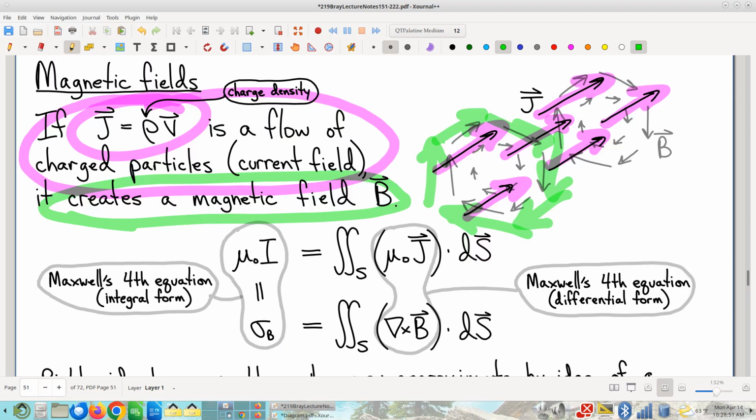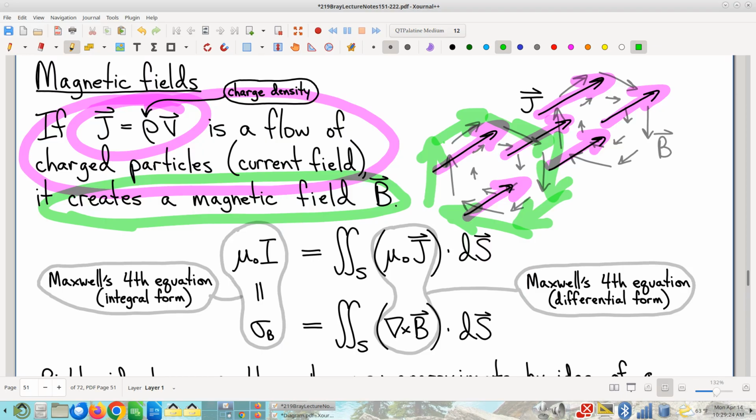The nature of it is a little bit weird, but there's what they call a right-hand rule. If you put your thumb in the direction of the current, then the fingers of your right hand curl around your thumb, pointing in the direction of rotation that describes how the magnetic field goes around like that. Okay, so again, don't ask me why. I didn't do it. It's the way it is.